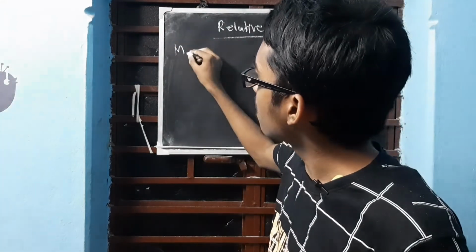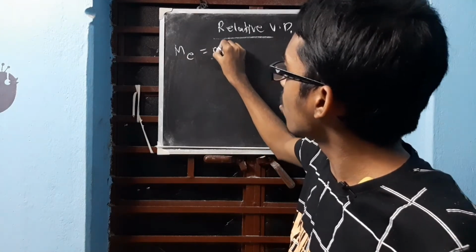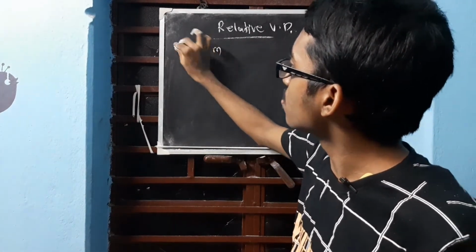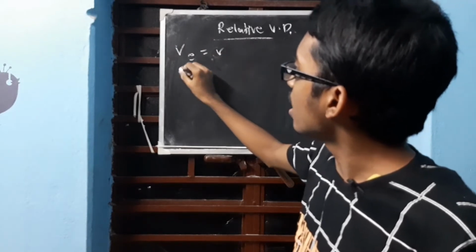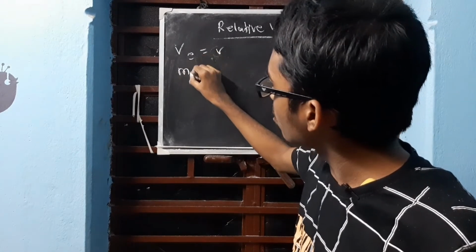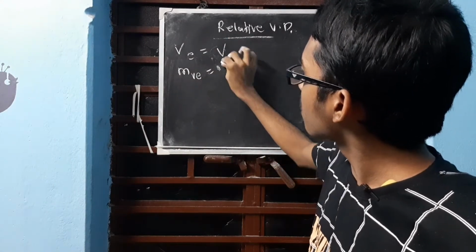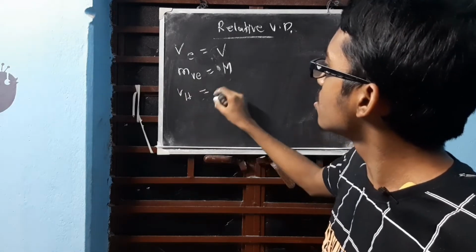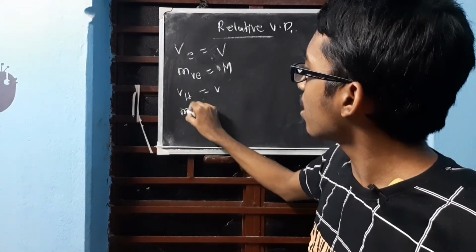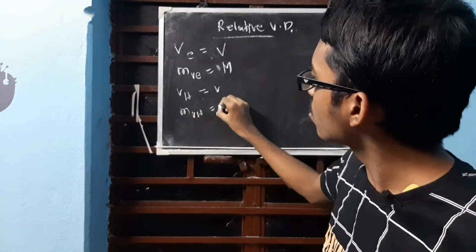Suppose, sorry, not mass, volume. Let us take V, and the mass of this volume is capital M. Volume of hydrogen is small v, and the mass of that volume of hydrogen is small m.